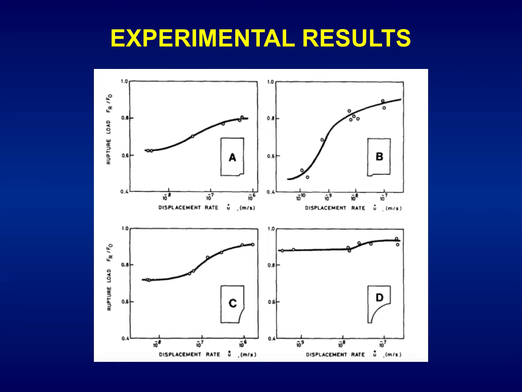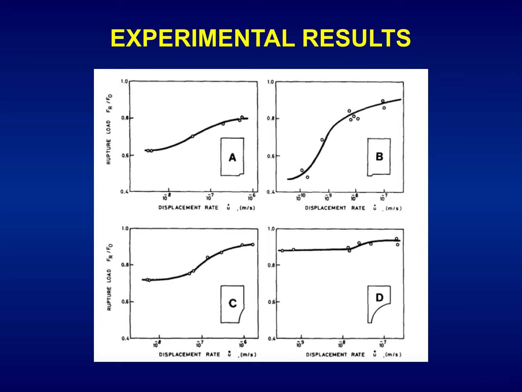These are the experimental results for the 4 geometries A, B, C, D. The level of triaxiality constraint influences the results. In vertical, we have the rupture load, Fr, divided by F0, the fracture reference load in air, versus the global displacement rate in meters per second.